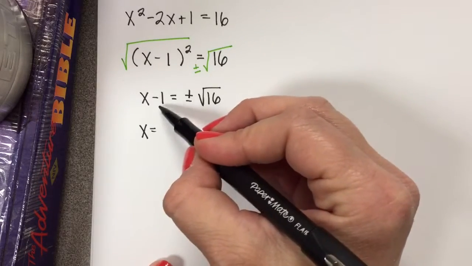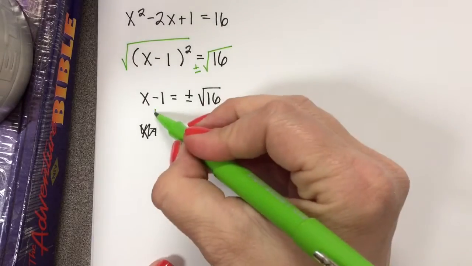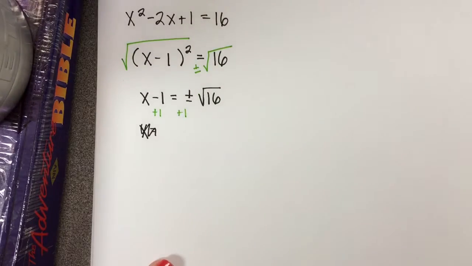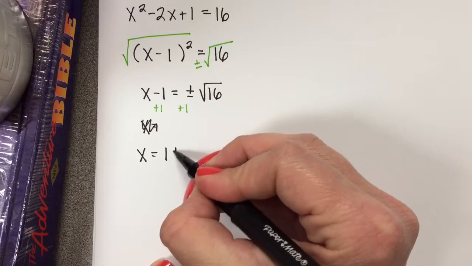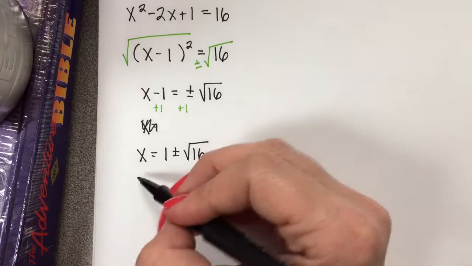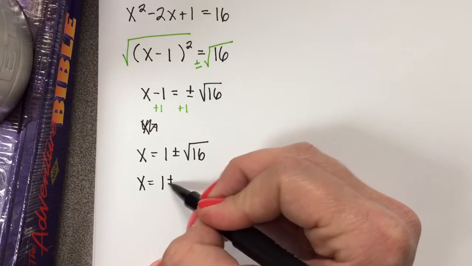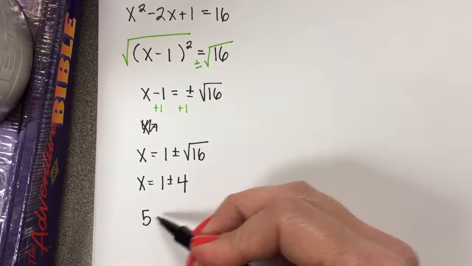So I should know, what I was going to say is we can go ahead and add 1 to both sides. So now I have x equals 1 plus or minus the square root of 16. And I know the square root of 16 is 4. So 1 plus or minus 4. So if I did 1 plus 4, that's 5.